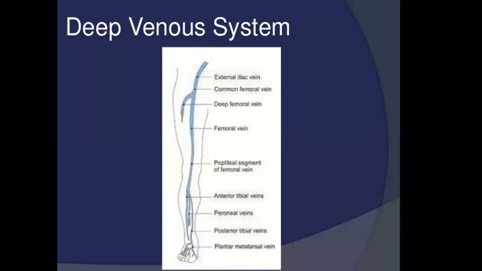So if somebody asks you where the femoral artery or the femoral nerve is located in the femoral sheath, your answer should be that it is lateral to the femoral vein, whereas the empty space or the lymphatics of the femoral sheath are located medial to the femoral vein.